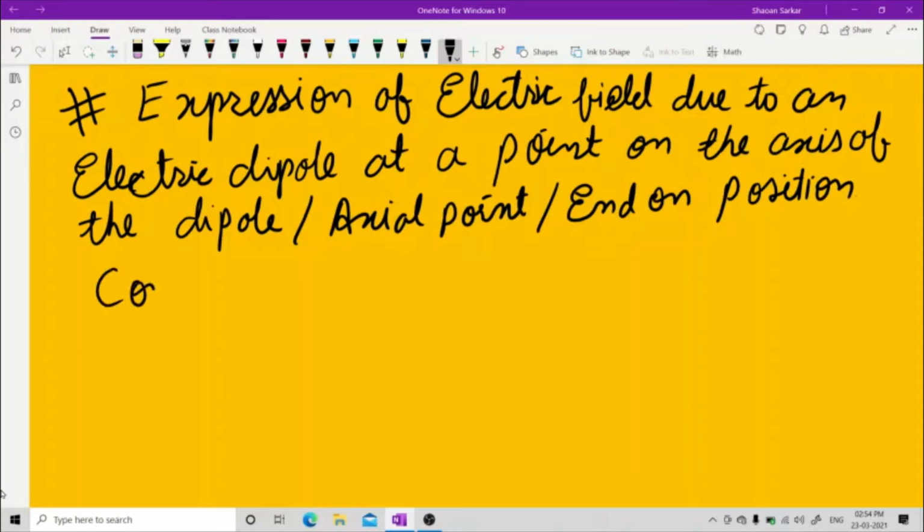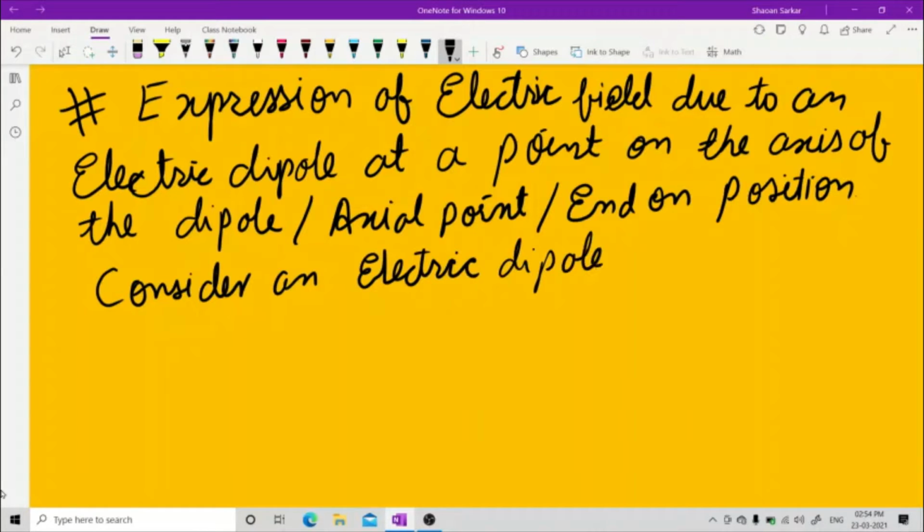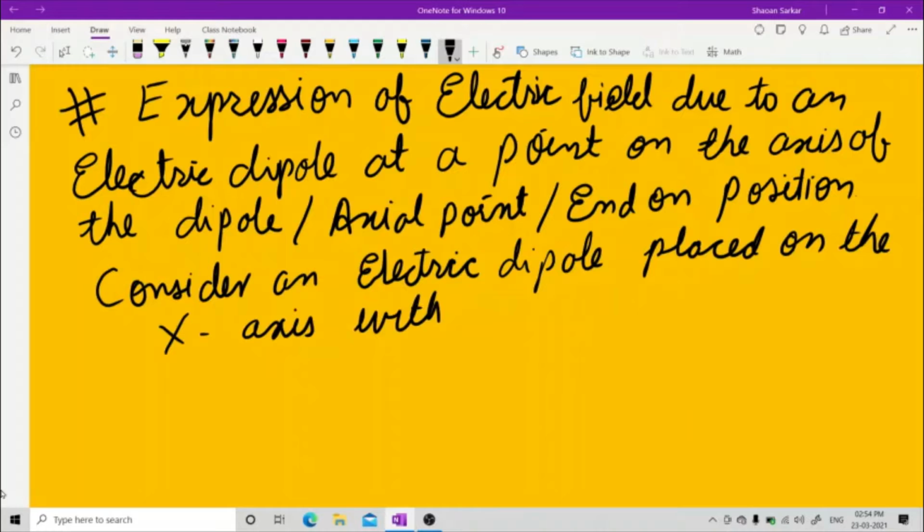Now consider an electric dipole placed on the x-axis with the negative charge minus q on the origin.